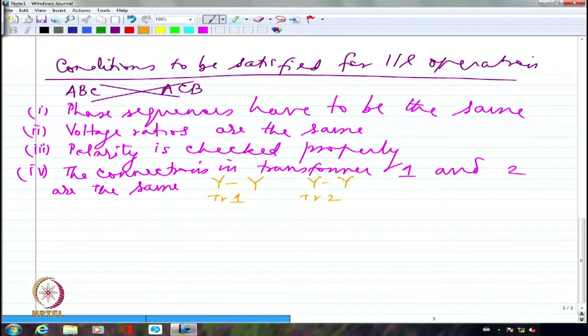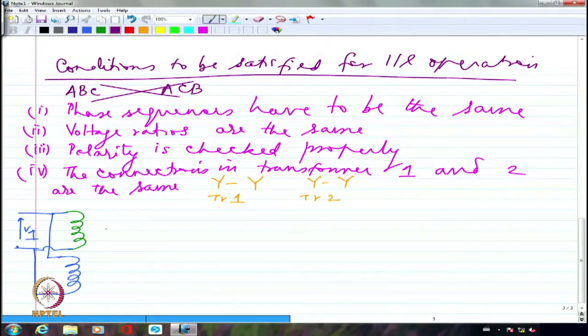So for that, if I am having the two primaries like this, I am going to connect them in parallel, first of all. It doesn't matter where the dot is, I may not even know. I will simply connect two terminals together and the other two terminals together, and then apply, let us say, a voltage V1 here.